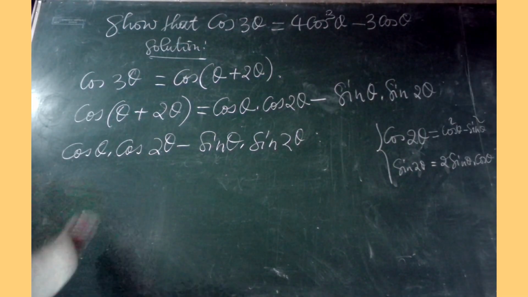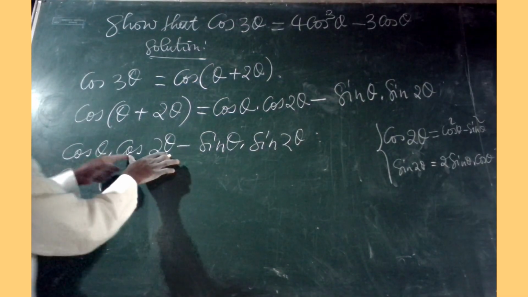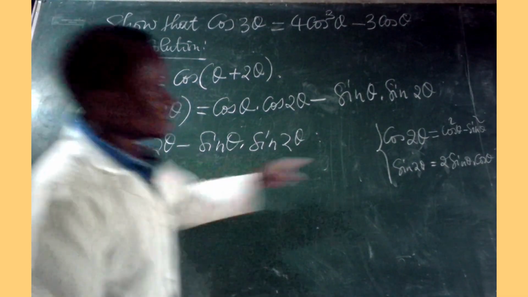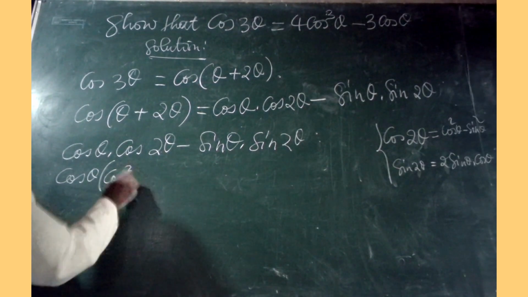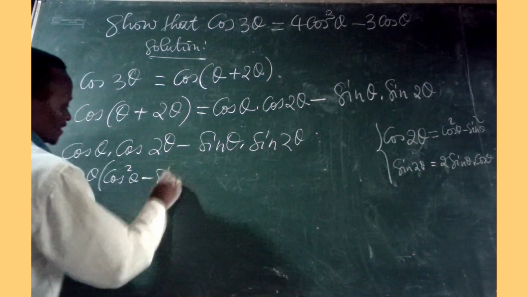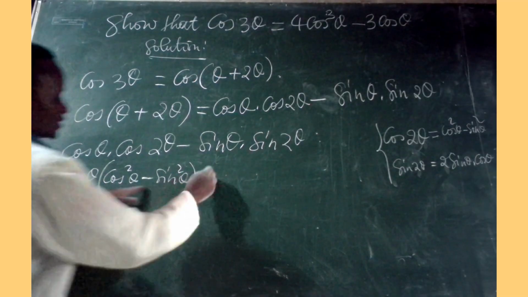Now let us continue. Here we have cosine theta times cosine 2 theta, which is equal to cosine square theta minus sine square theta. You have to carry this minus.